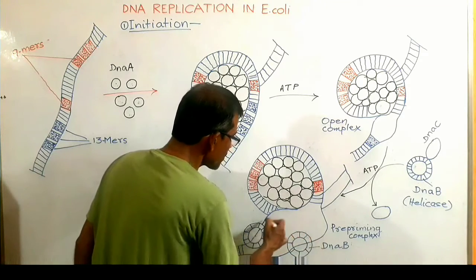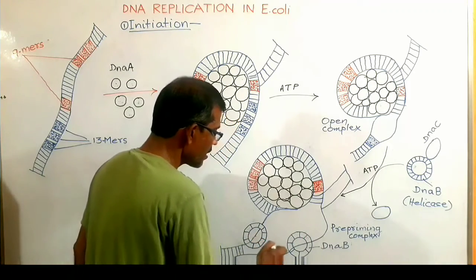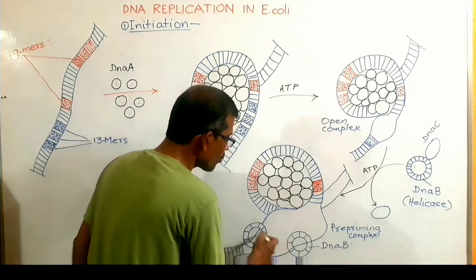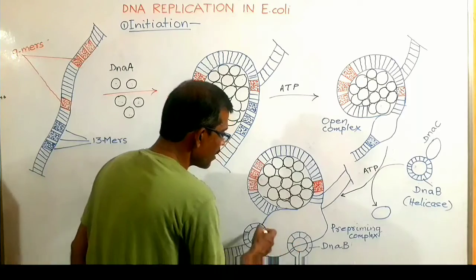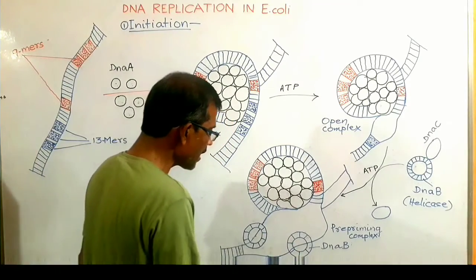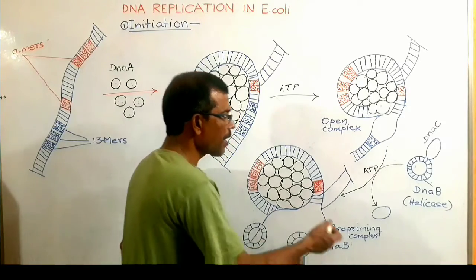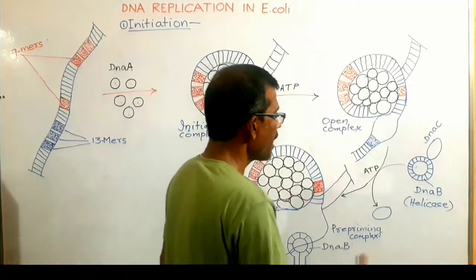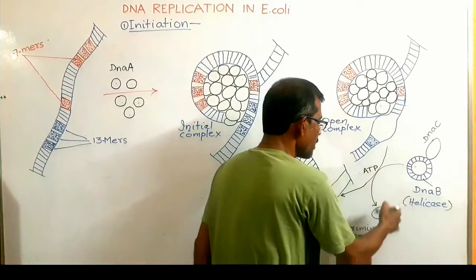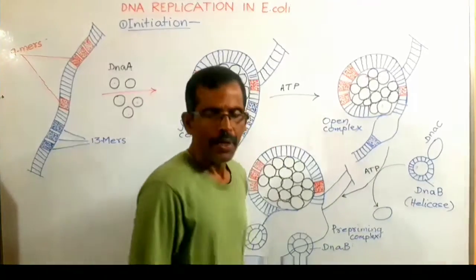This is the sequence of 13-mer repeats, and here you see the two molecules of DnaB. After binding of DnaB with the 13-mer repeats, ATP hydrolysis occurs and the DnaC protein is released.